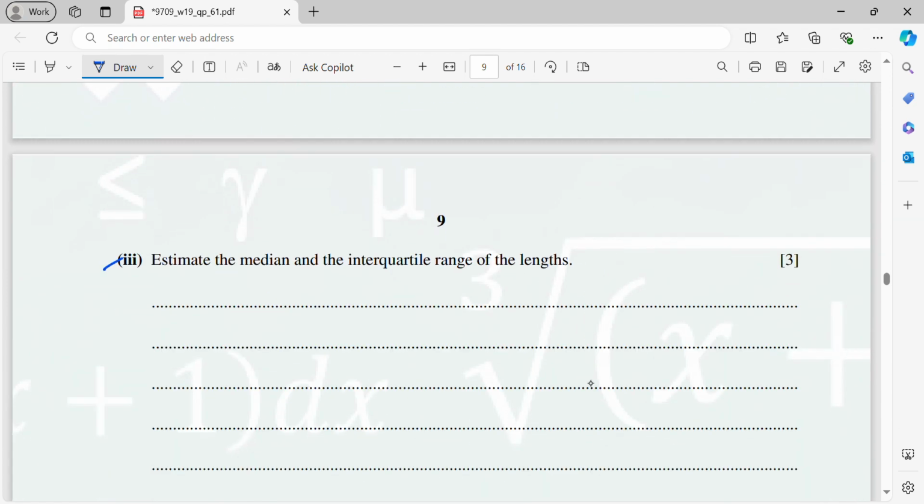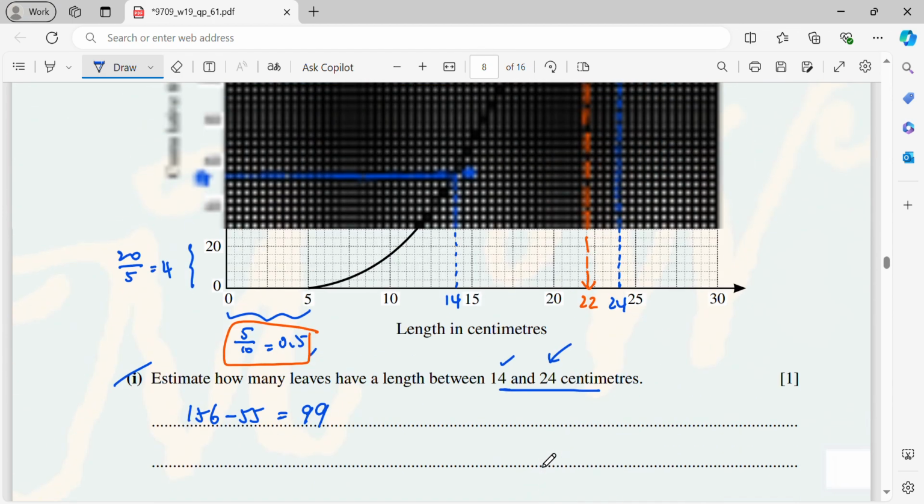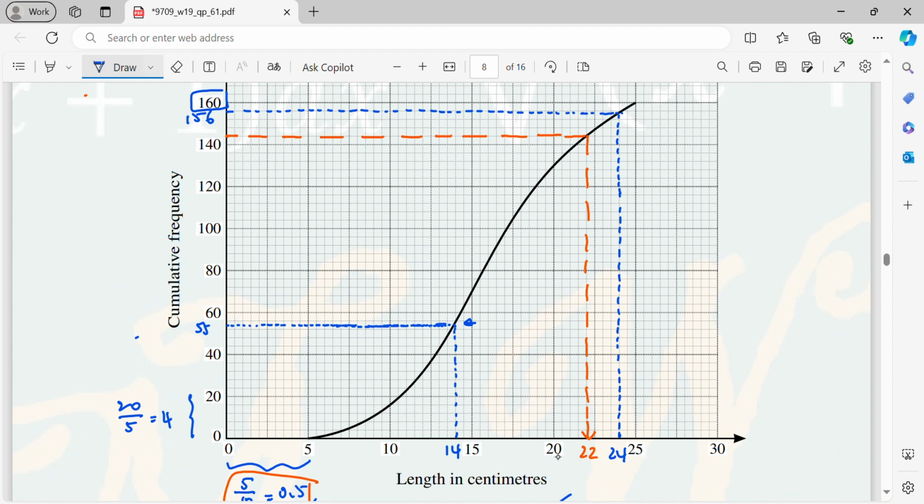Okay, now part 3, estimate the median and interquartile range of the lengths. Now, median is the position. Okay, the position of median is half of the total, that is the 80th, right? So now you see 80. So 80, it would be here. Okay, then it is in the middle.